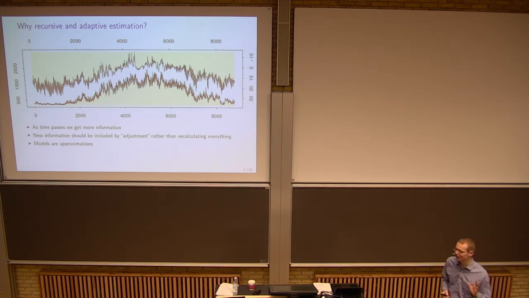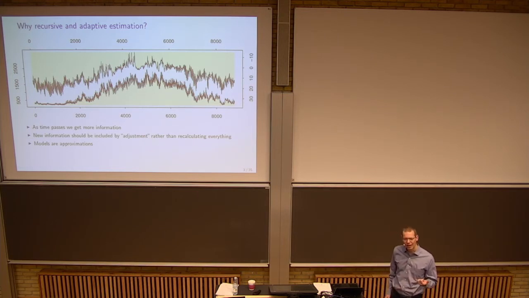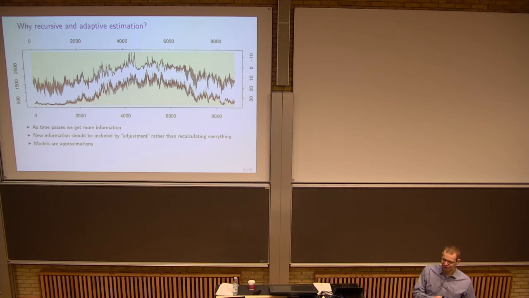We were looking at linear trend models, where we basically said whenever you add a new observation, you don't have to recalculate everything, you just add what comes into the system design matrix from the most recent observation to the previous stuff.